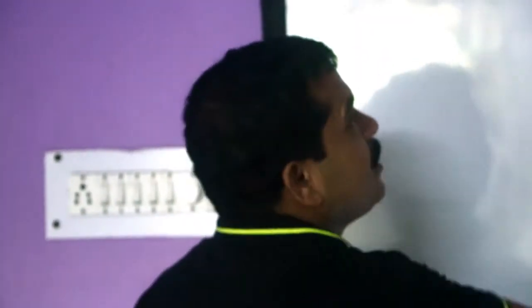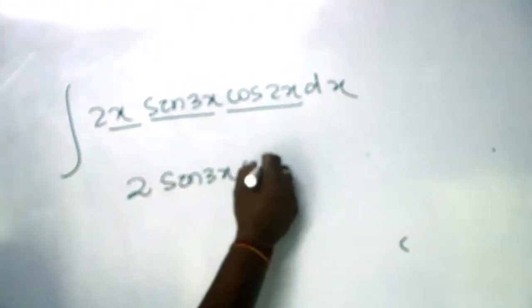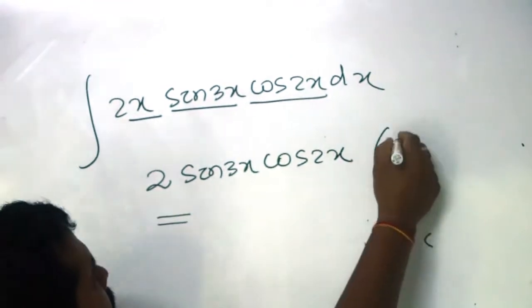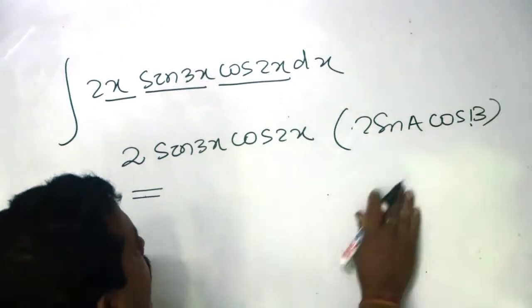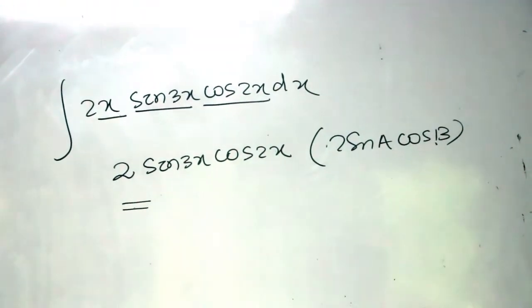So we have to simplify first, then convert to two functions, then we apply integration by parts. So instead of 2 sin 3x into cos 2x, we will use the formula 2 sin a into cos b. By using this formula, we can simplify it.